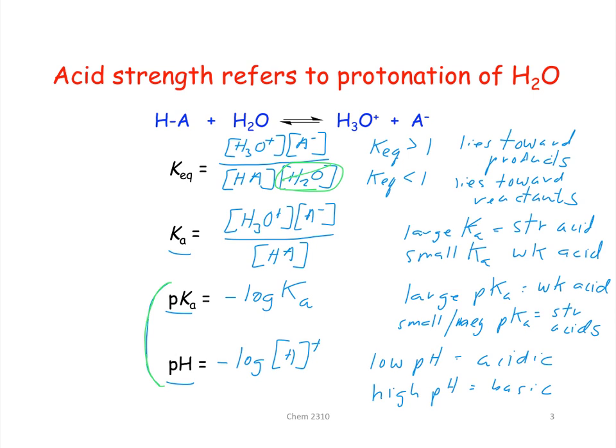The pKa is a property of a specific molecule, like its boiling point or its melting point. It's a specific property, so it would be a constant for a given molecule.